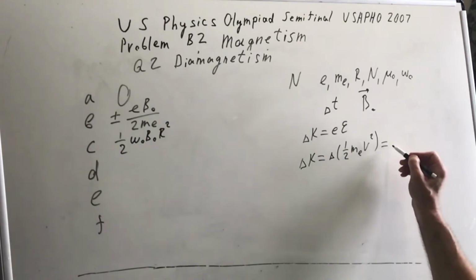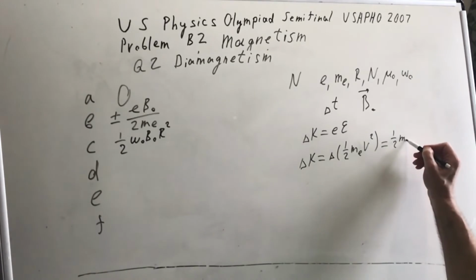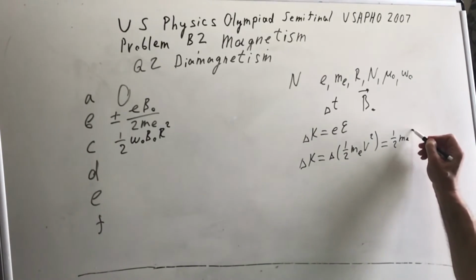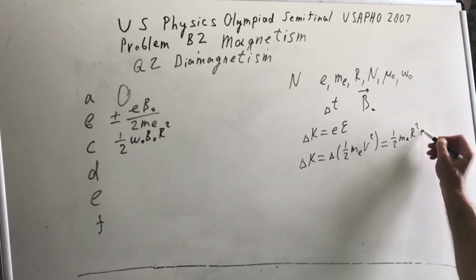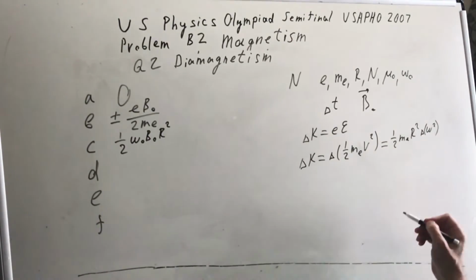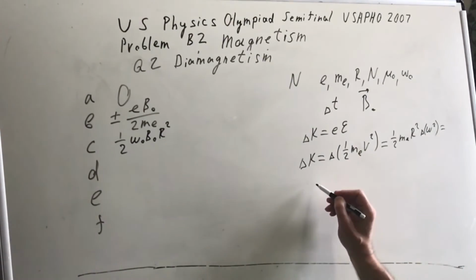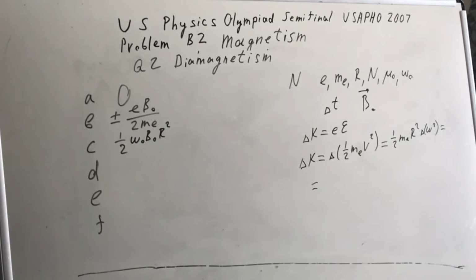That's equal to 1/2 m_e r squared d omega squared, and d omega squared is approximately 2 omega d omega.